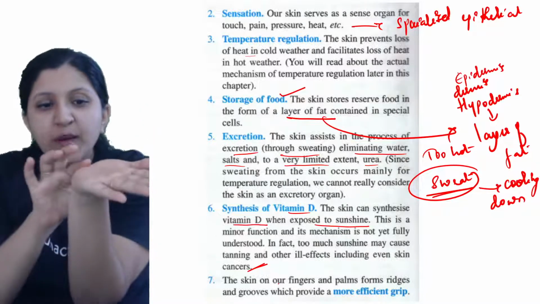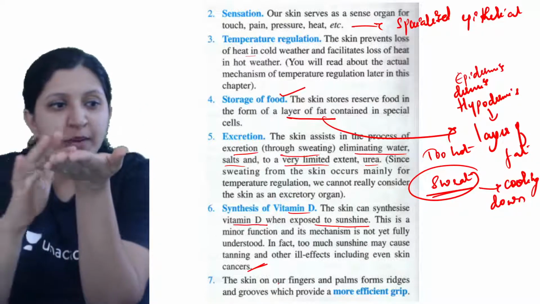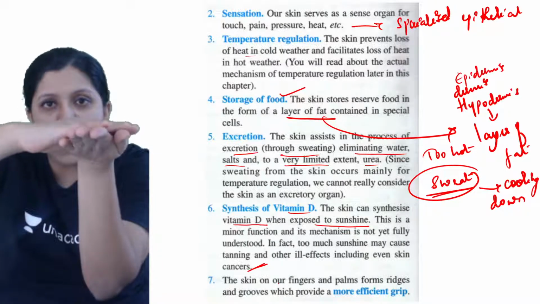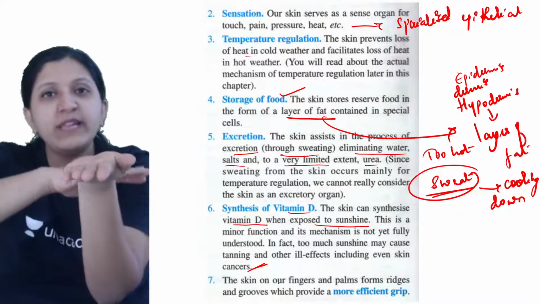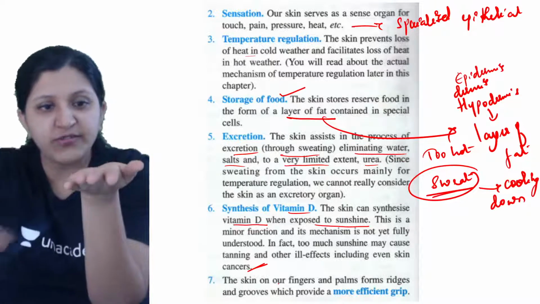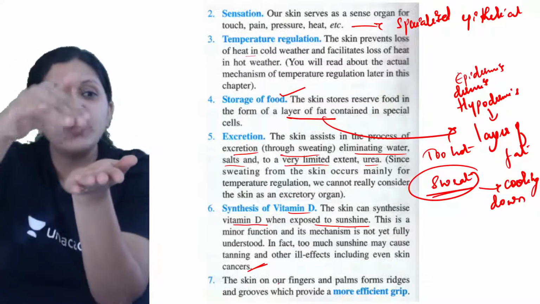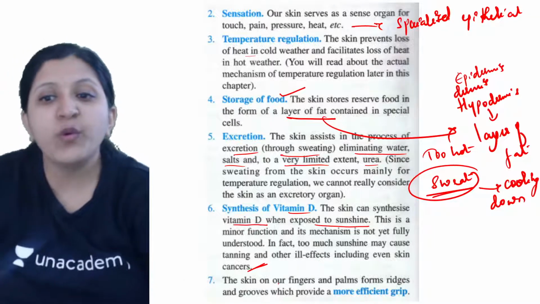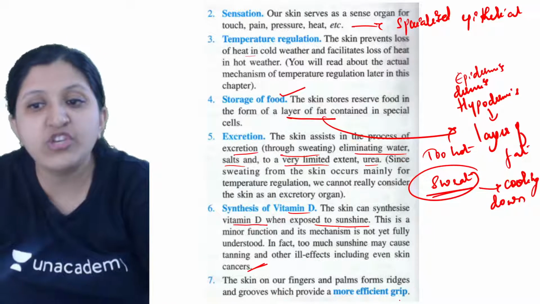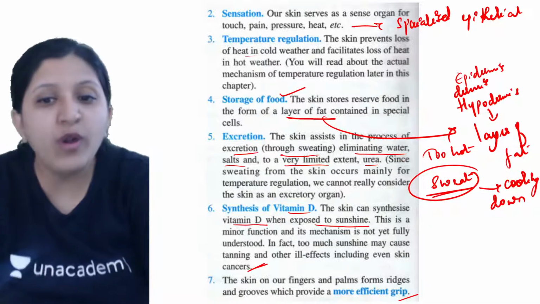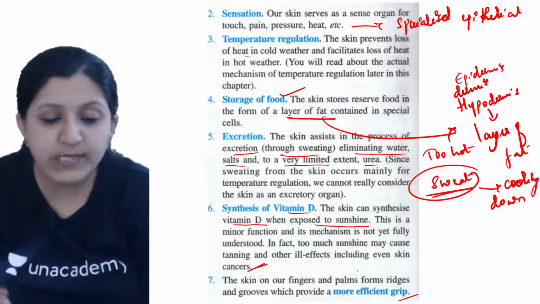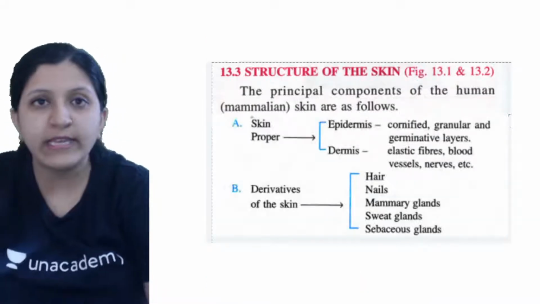You can just move your hand over the other, and you don't feel that it is a completely flat surface. You will find the grooves and ridges there. These grooves and ridges provide a more efficient grip to hold on to something. So the skin on our fingers as well as palms helps in getting a grip.